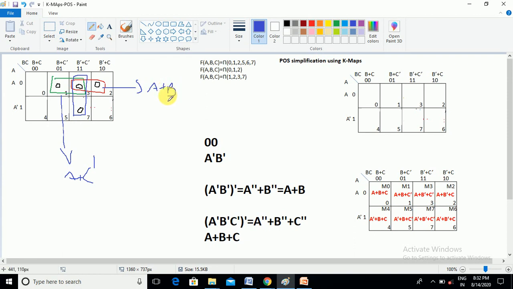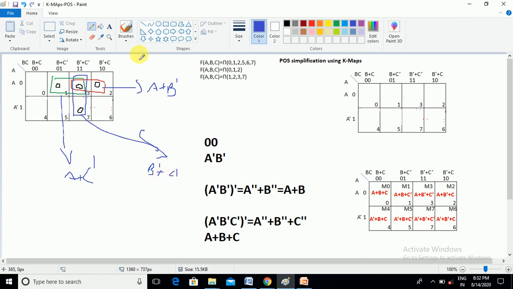A B dash is common. The next, here 3, 7: for 3, 7, B dash C dash is common, so B dash plus C dash is common.